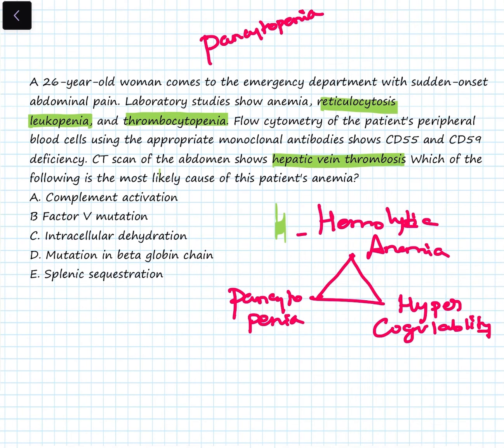So whenever you have this triad of manifestations, you need to think about a condition called PNH, the paroxysmal nocturnal hemoglobinuria, right?